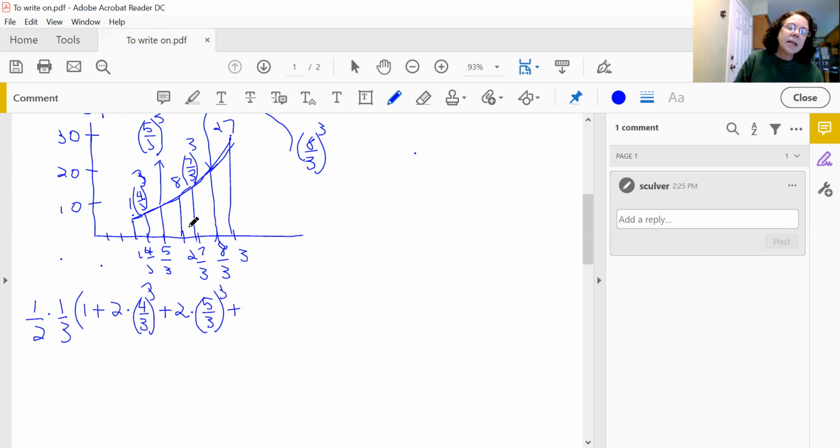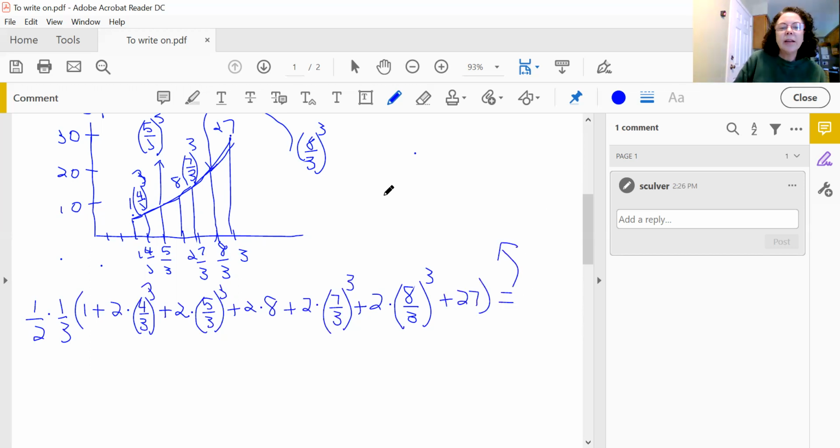Plus the next base is 6/3, which is 8. We use that twice. Plus the next base is 7/3 cubed. We use that twice. Plus the next base is 8/3 cubed. We use that twice. And the last base is 27, and we use that once. There we go.